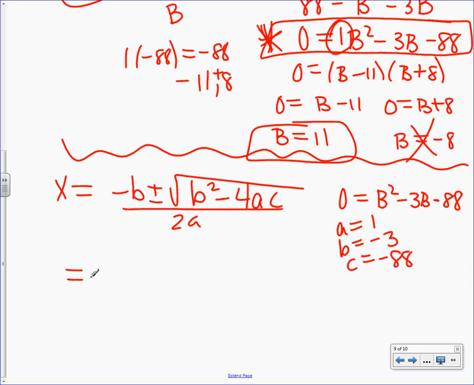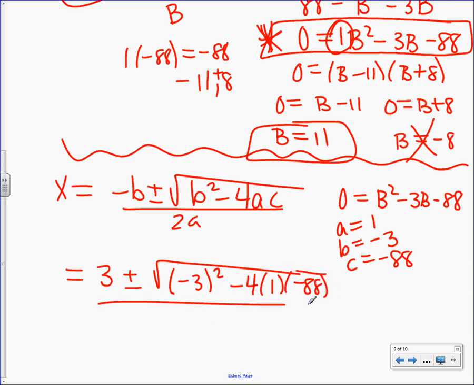So we're going to plug it in. Negative b is going to be positive 3 plus or minus square root b squared minus 4ac all over 2a. I'll wait for you to copy that down, but all I did was plug it in.